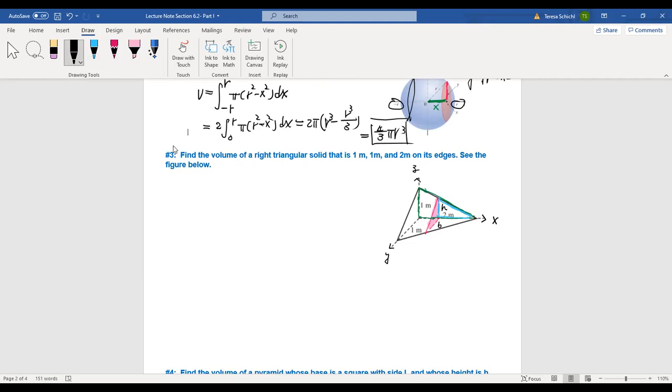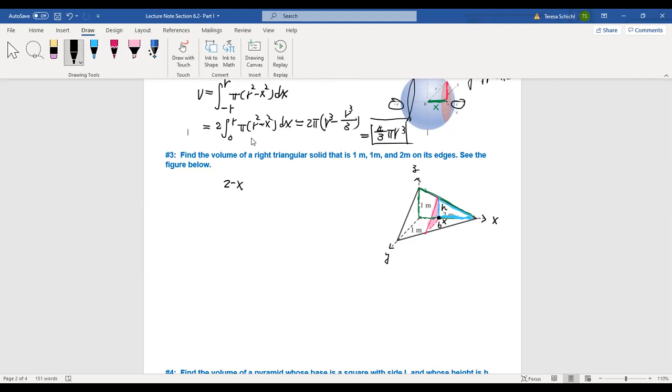So the base is here, and I can say this is 2 minus x, because when you cut it, you don't know the value; this is your x value. So 2 minus x is the length of here.